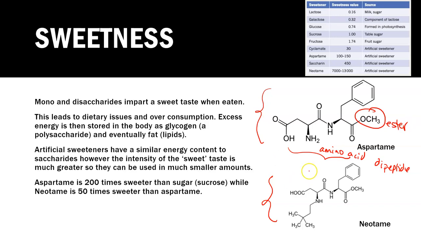And again, you'll see that we have this amide functionality and more similarities to a peptide than we actually have to a carbohydrate with these. So key things here, they have similar energy per gram, a similar energy content as sugars, as saccharides. They have a different structure, more similar to amino acids and peptides than those of disaccharides or monosaccharides. But we use far less of them in food, meaning that overall the food products that these are used in have less energy content in them.